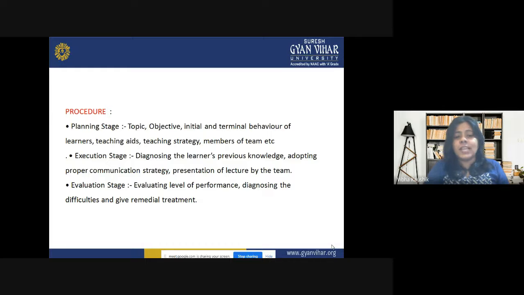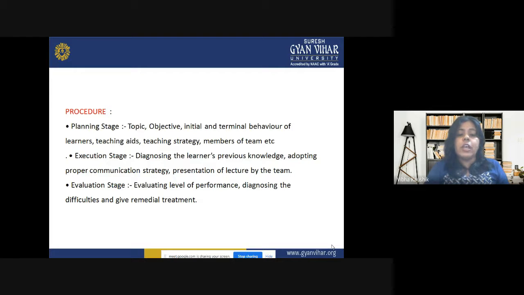Execution stage, the second stage: diagnosing the learner's previous knowledge. What is the previous knowledge of the learner related to the topic which we are going to teach them? Adopting proper communication strategy. Presentation of lecture by the team, and now they will present the lecture in front of the students.